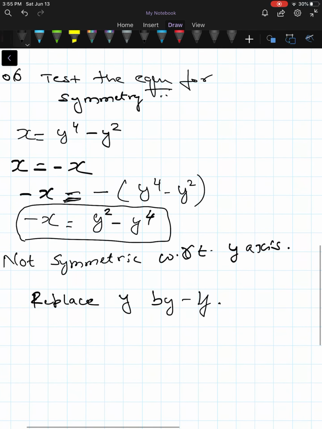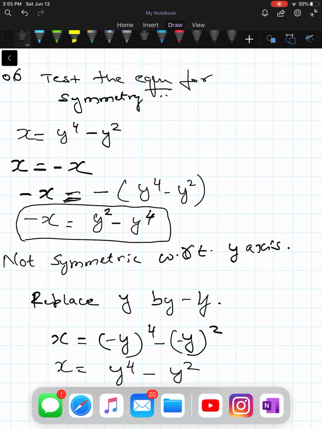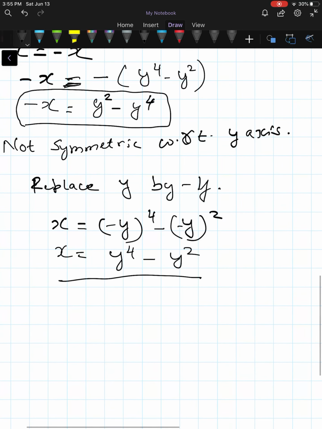We have even powers of y, so if you replace y by negative y, x will be (negative y) to the power of 4 minus (negative y) to the power of 2, which is y to the power of 4 minus y square. This is the same as the original equation. Therefore the given equation is symmetric with respect to the x-axis.